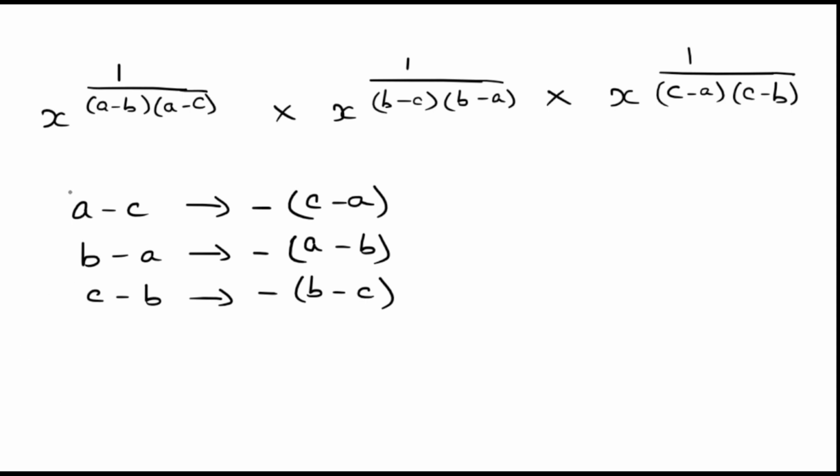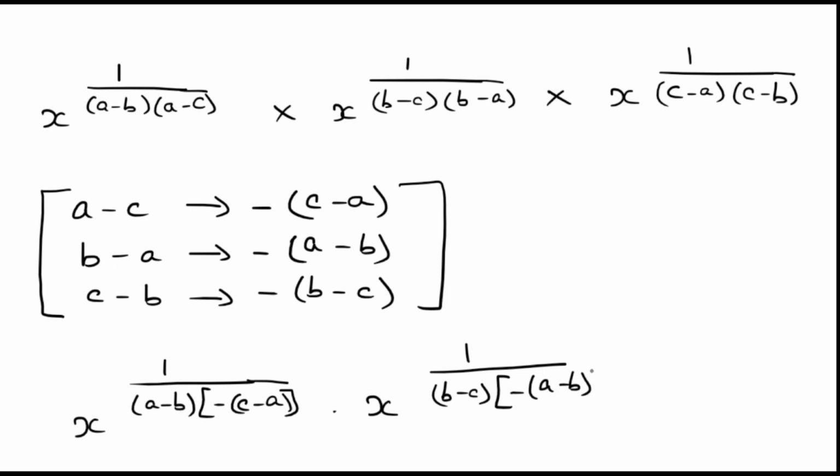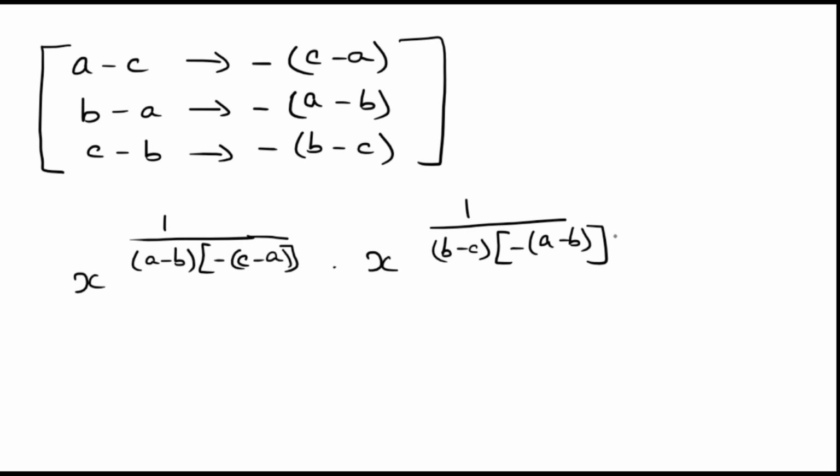So you'll get x to the power 1 divided by (a minus b) into minus (c minus a), into x to the power 1 divided by (b minus c) into minus (a minus b), into x to the power 1 divided by (c minus a) into minus (b minus c).